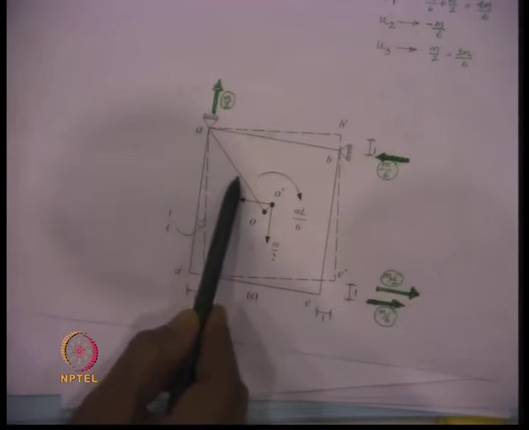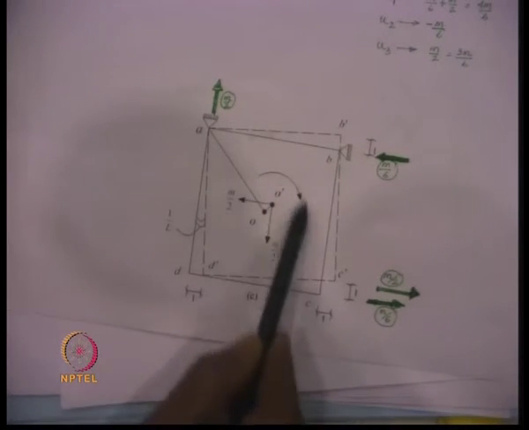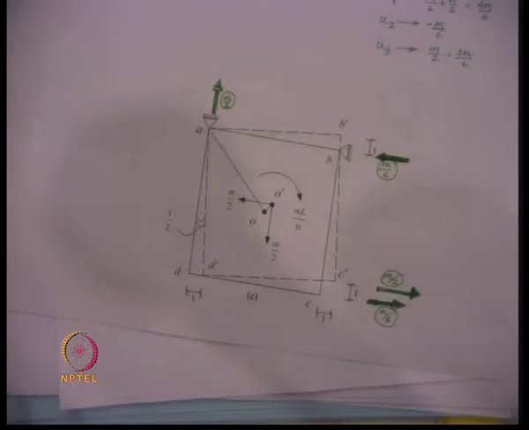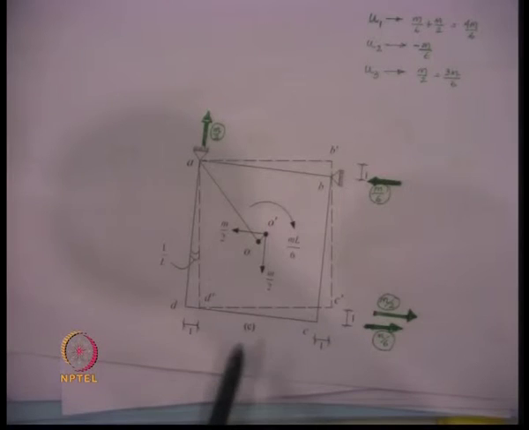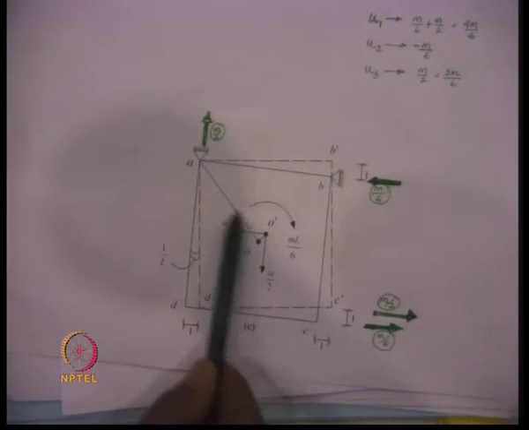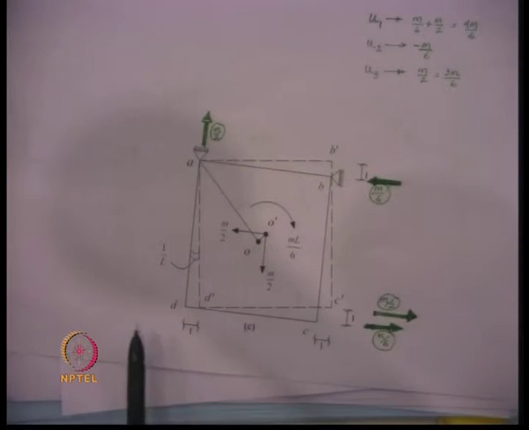The rotation is taking place in this direction, and the mass moment of inertia is obtained in the opposite direction. The reason is that the acceleration, as I told before, always acts opposite to the direction of motion. So, therefore, the inertia force is acting opposite to the direction.